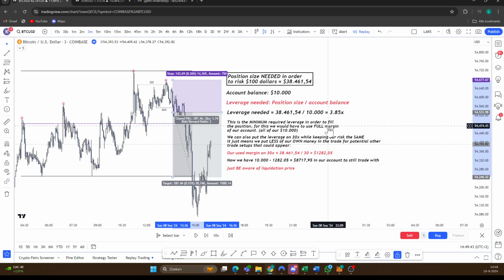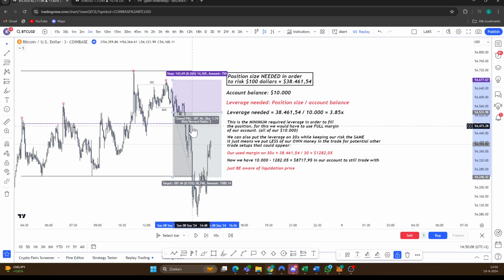Okay? So I have a $10,000 account balance. If I want to fill my position, I need a minimum of 3.85x leverage. If I select that amount of leverage, I would have to put up $10,000 of my own money, and then I can multiply with the leverage with 3.85 and I can fill the position.